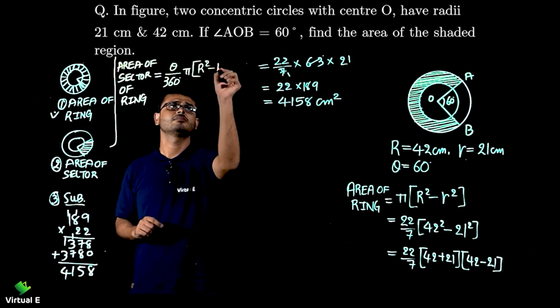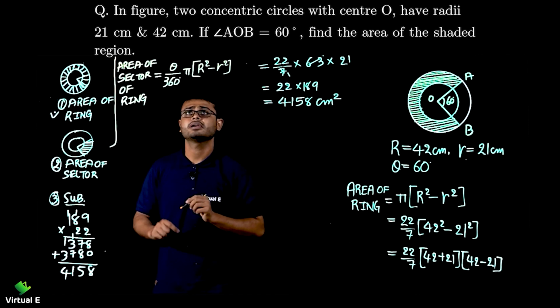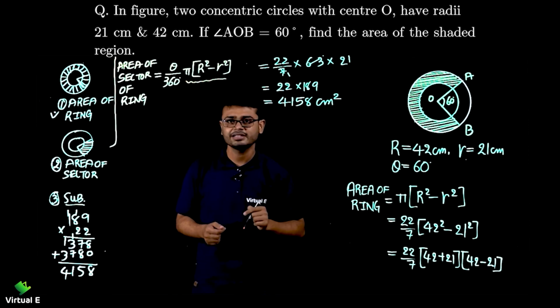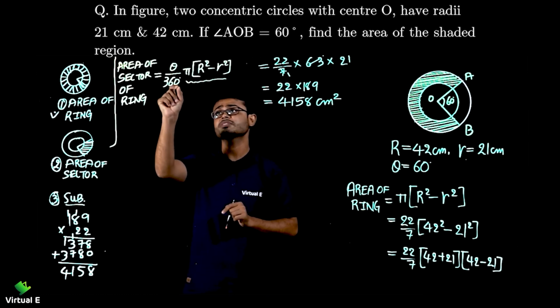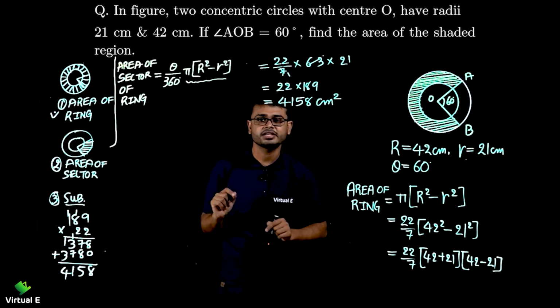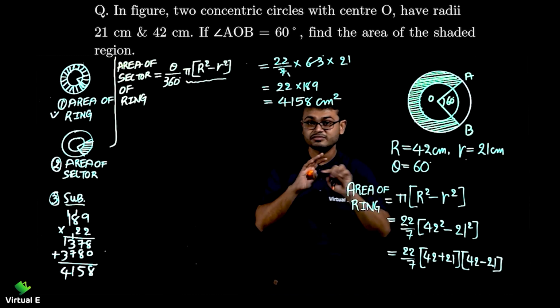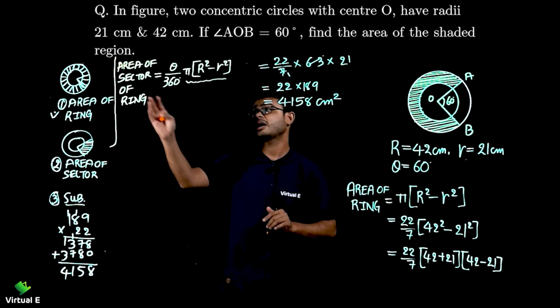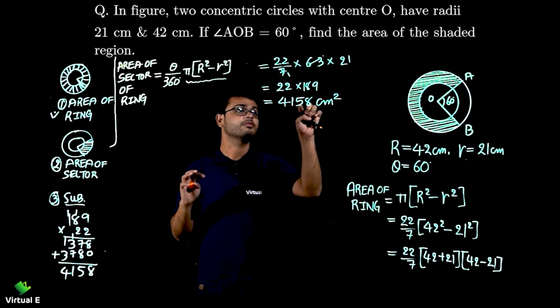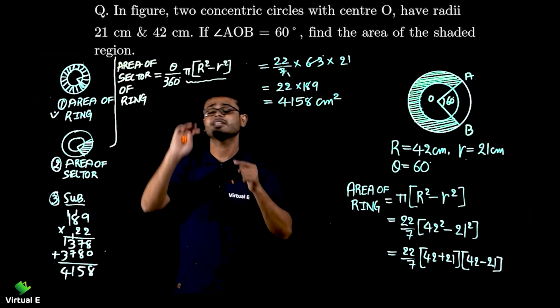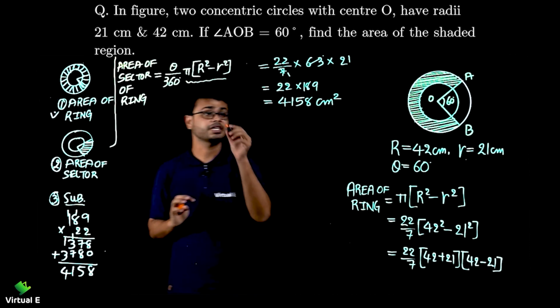R square minus r square. We know the value of this one, which is 4158, simple. We need to just multiply theta by 360 degree, then we can get the area of this sector. It's so simple, right? So I'm just going to multiply theta by 360 and I can get the area of sector.